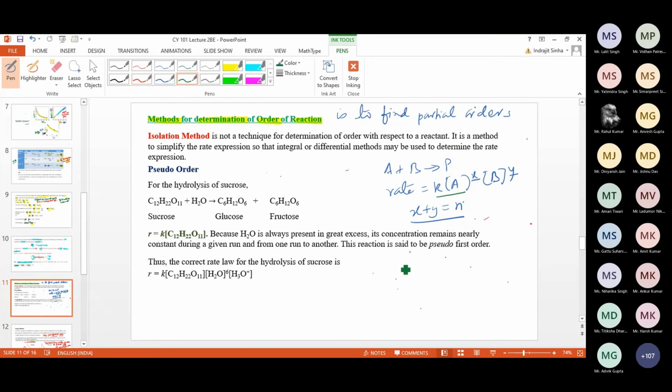It can reduce this rate expression to this expression, or it can reduce it to this kind of expression.